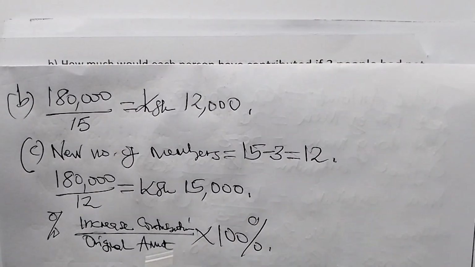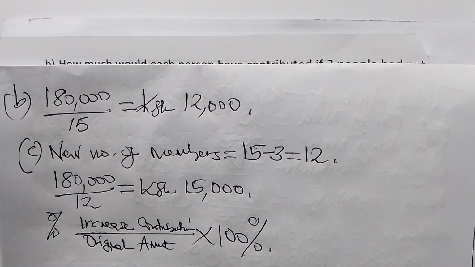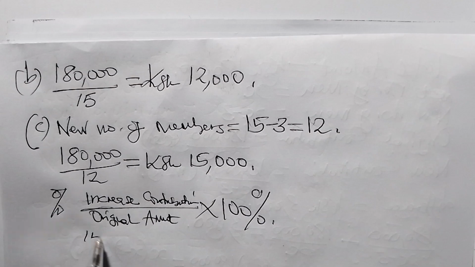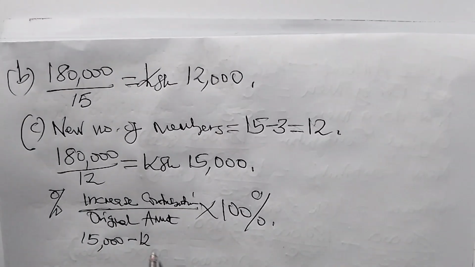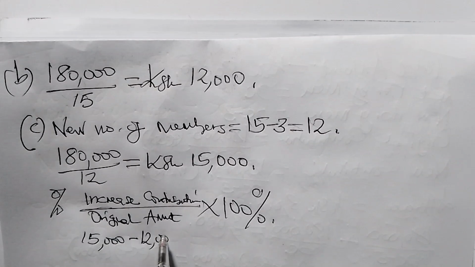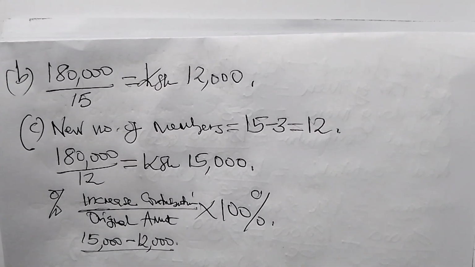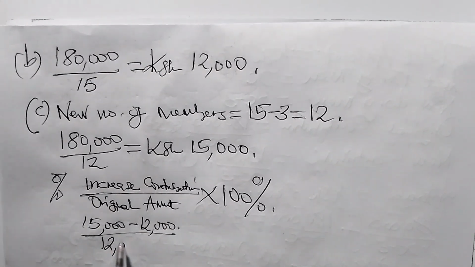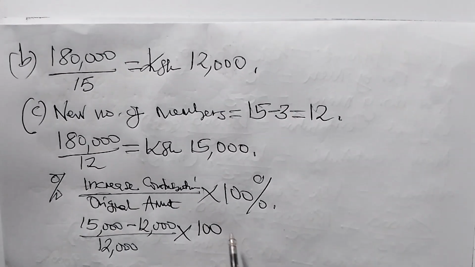So the increase in contribution will be given by 15,000 minus 12,000, divided by the original amount to be contributed, 12,000, all this multiplied by 100%.